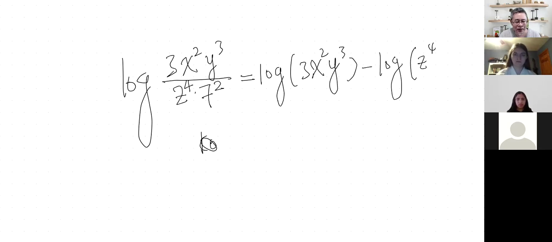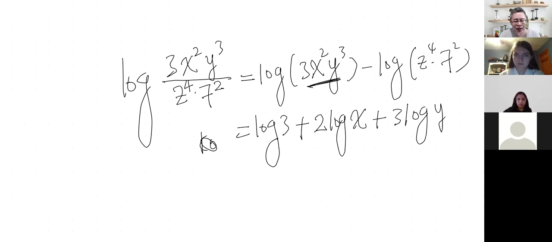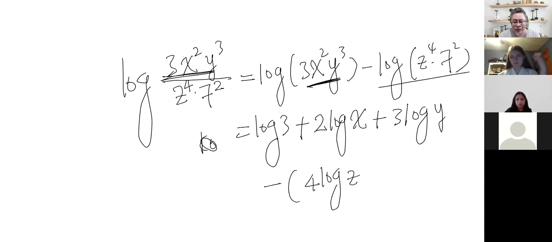What we got on the first one is log 3 plus 2 log x plus 3 log y. Make sure the top here is all positive. And then the second one is minus 4 log z plus 2 log 7.